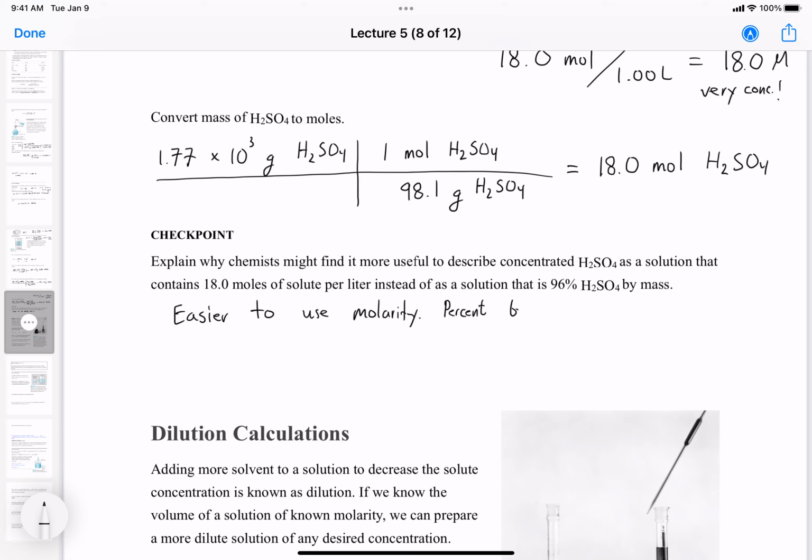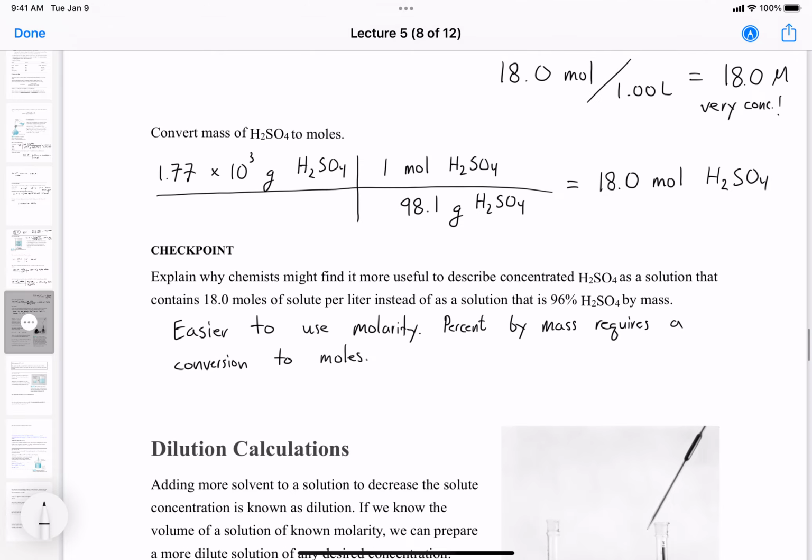Percent by mass requires a conversion to moles.